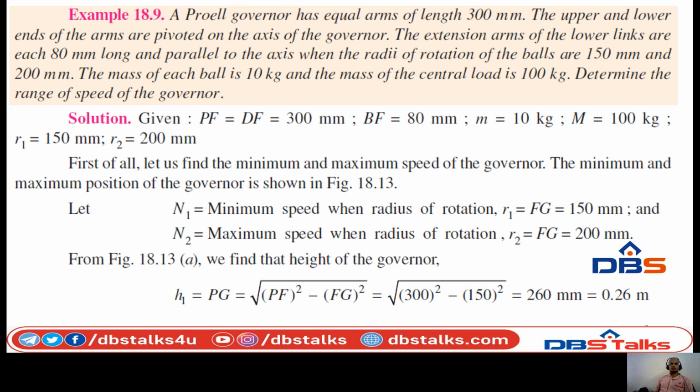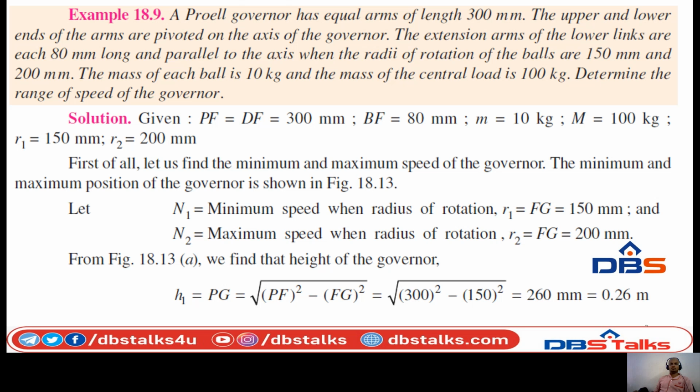The extension arms of the lower links are each 80 mm long and parallel to the axis when the radius of rotation of the balls is 150 mm and 200 mm. The mass of each ball is 10 kg and the mass of the central load is 100 kg. Determine the range of speed of the governor.